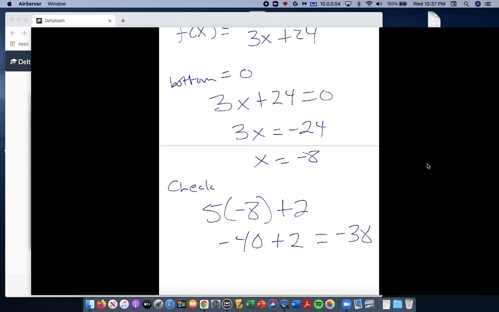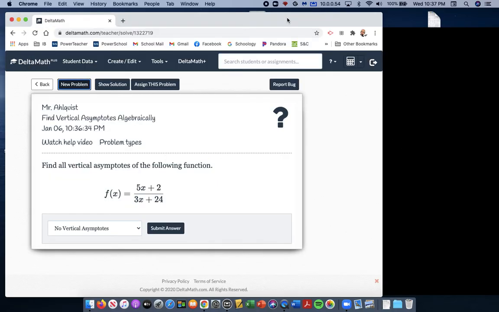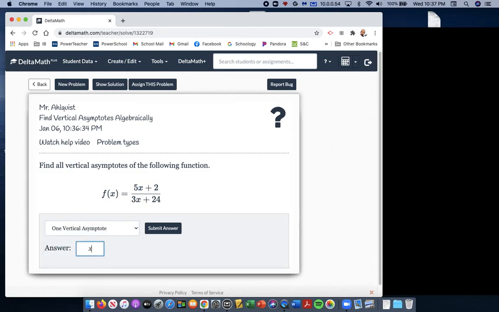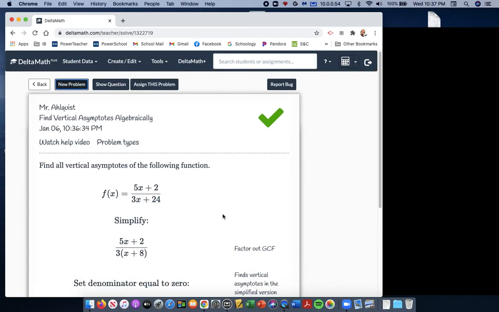That's not equal to 0, so we're okay. So x equals negative 8 is a vertical asymptote. So if we go over here, there is one vertical asymptote. It is x equals negative 8. If we submit that, they tell us it's right.